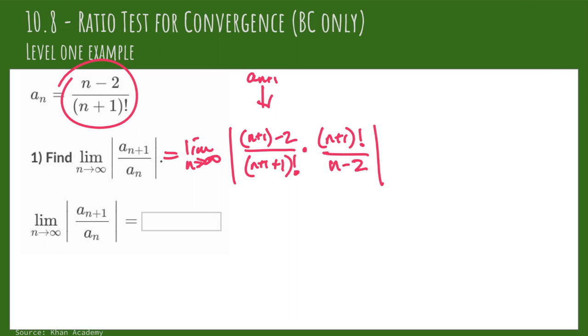So now we need to look at what's going to happen with this expression and hopefully do a little bit of canceling. Let's rewrite this n plus 1 plus 1. That's going to be the same thing as n plus 2 factorial. And I'm thinking of that n plus 2 factorial as n plus 2 times n plus 1 times n minus 1, and so on.